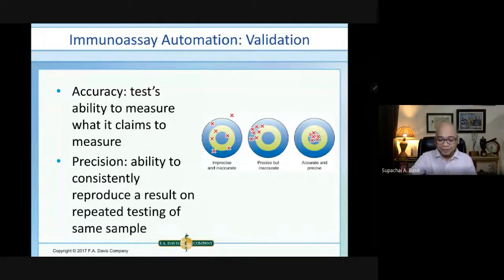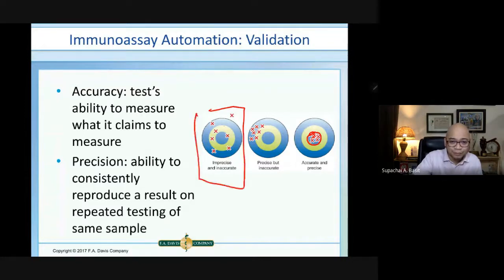If the bullseye is the true value, this is how an accurate and precise sample would look like. This is how an imprecise and inaccurate sample would look like. This is how a precise sample but inaccurate result would look like. So take note, a precise result does not necessarily mean an accurate result. However, accurate results are always precise results.